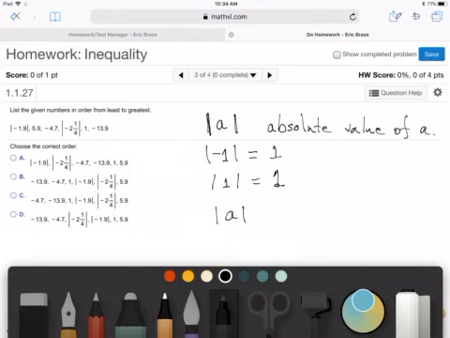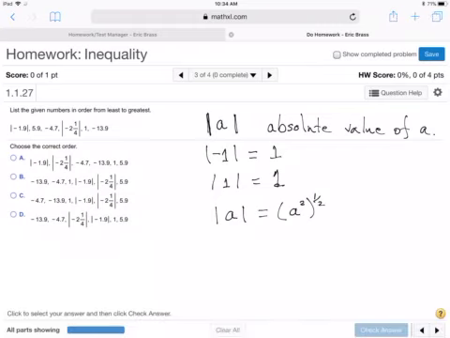The absolute value is really A squared to the 1/2 power. Just in case you don't know how you treat exponents, in this particular case, since it's directly applicable, I'll say A squared times 1/2.